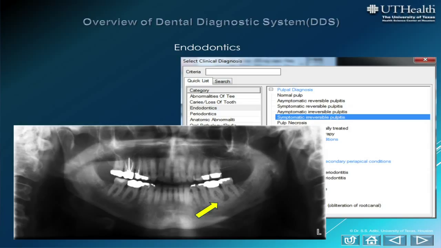Endodontics category has several subcategories such as pulp diagnosis, secondary pulp conditions, and periapical diagnosis and root fractures.